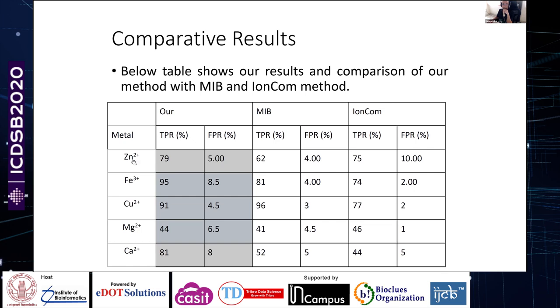So you can see that for the data set that is chosen for test, we do 79 and MIB does 62 and this is 75. We do very good at 95 for iron and they do 81 and 74. For copper, of course, MIB is doing better than us, and IronCom is 77.